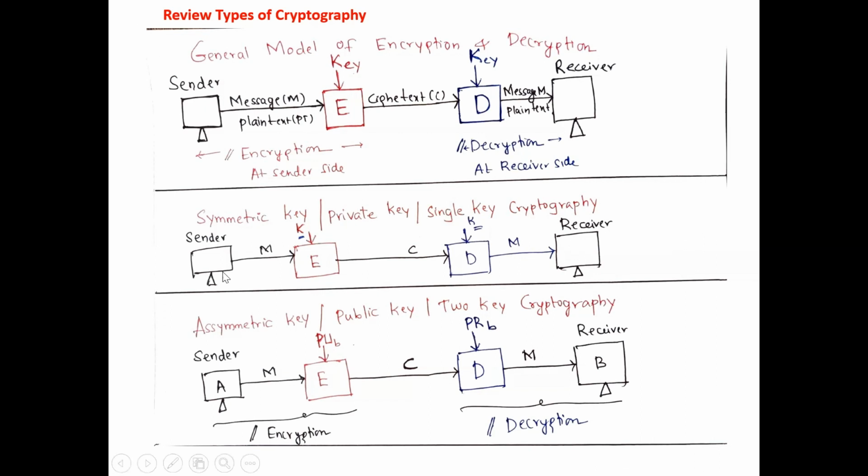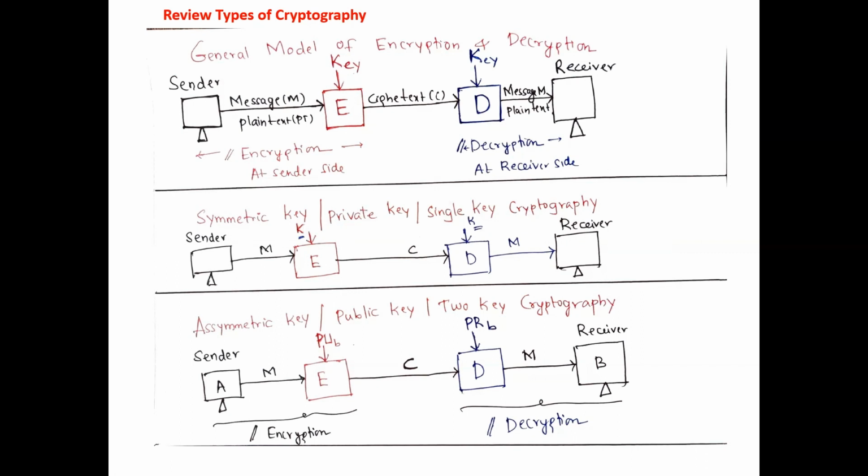See here, the sender wants to encrypt the message: the input is message M, operated with some key K, and you get ciphertext C. The input to the decryption algorithm is ciphertext, and the receiver applies the same key used for encryption to convert the ciphertext back into plain message M. So both sender and receiver use the same key, therefore the name single key, private key, or symmetric key cryptography.